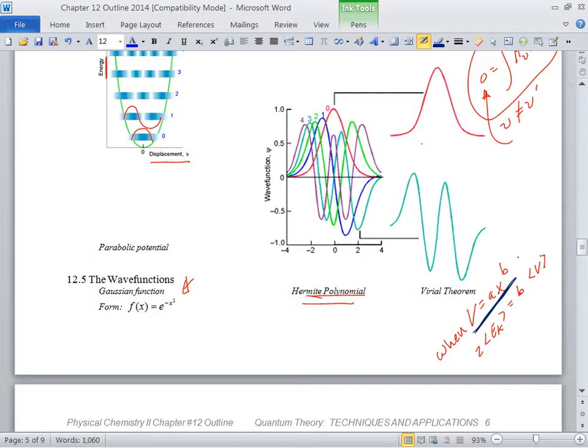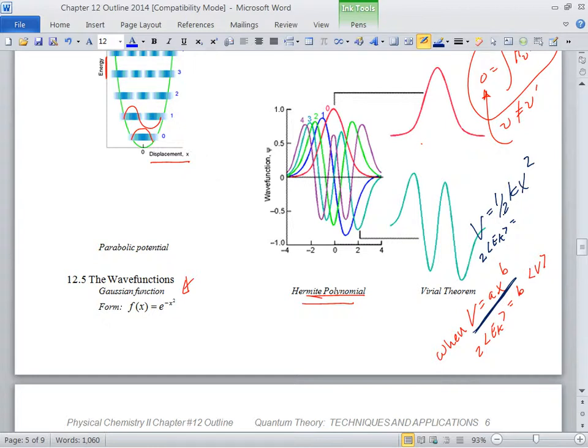So twice the average kinetic energy is little b times the average potential energy. Well, our function is V equals 1/2 k x squared, right? So we're going to have 2 average kinetic equals a x to the b.